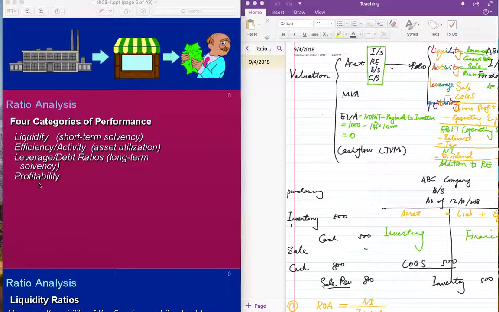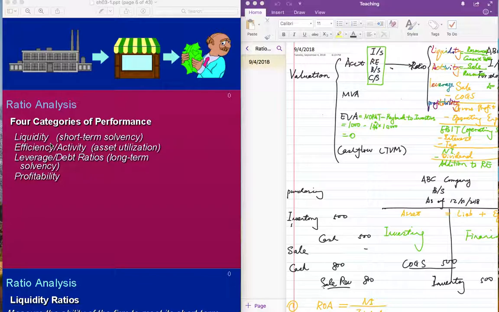But that's not the only aspect of our evaluation. Profitability is important, but there are some other aspects. They are as important as profitability. For instance, the first one is called liquidity. What does liquidity measure? It measures firms' ability to pay off short-term liability.